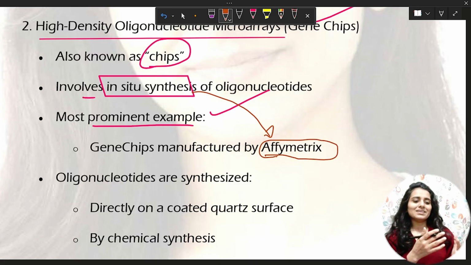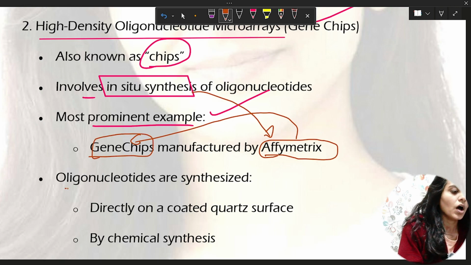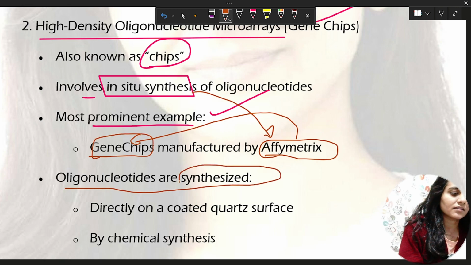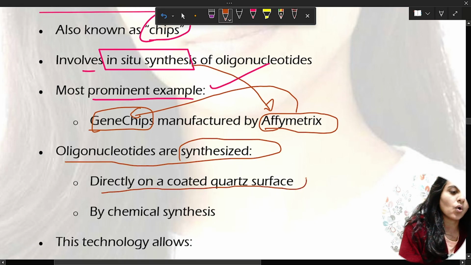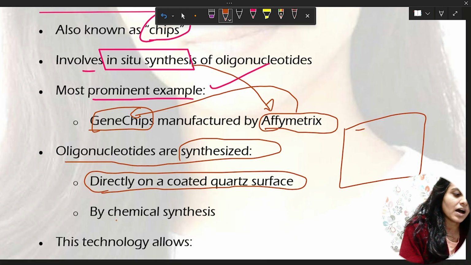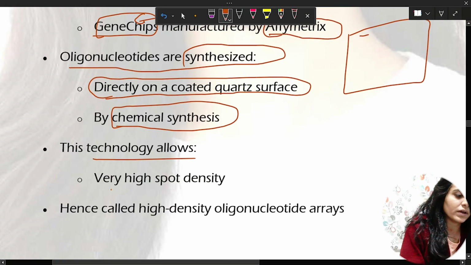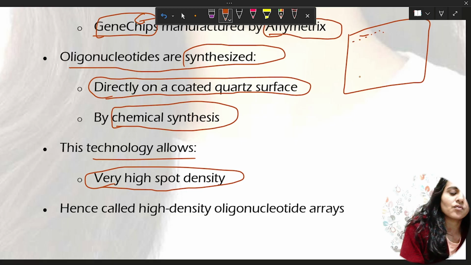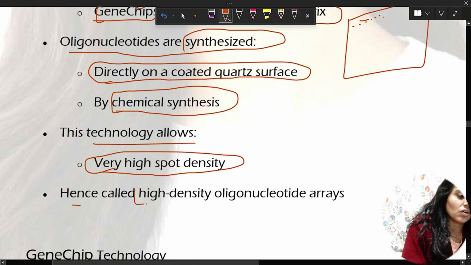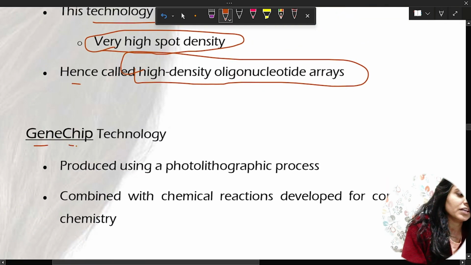The name of the company is Affymetrix, and this manufacturer makes gene chips, in which oligonucleotides are synthesized directly on the coated quartz surface with the help of chemical synthesis. This technique allows very high spot density, hence it is called high density oligonucleotide array.